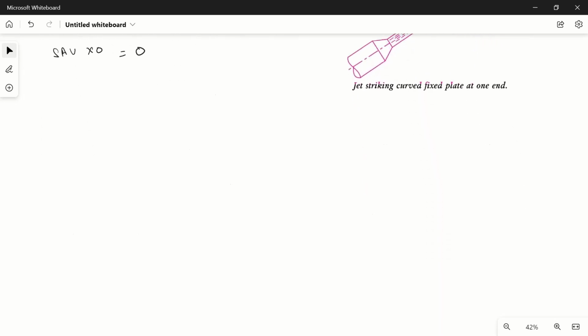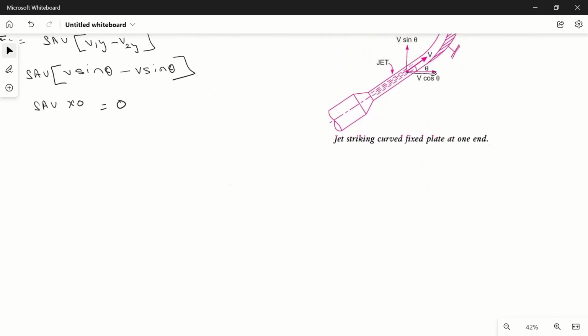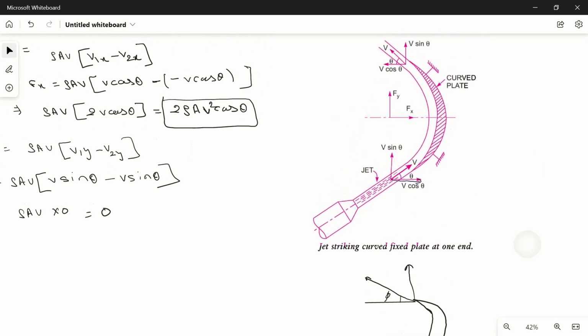Now suppose this plate was unsymmetrical like this, and this angle is theta, and the angle with which the jet is exiting the plate is phi from the horizontal.